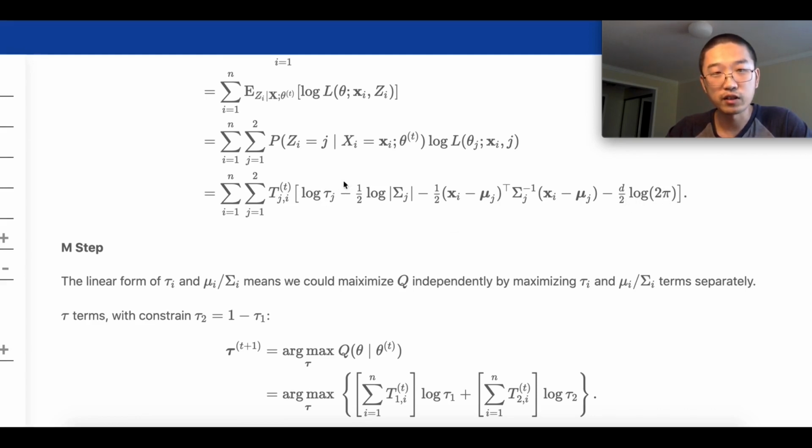This is the term we need to maximize. Remember, I included the minus sign. So we're going to take the derivative with respect to sigma j of this term, and then the derivative with respect to sigma j of this quadratic form.